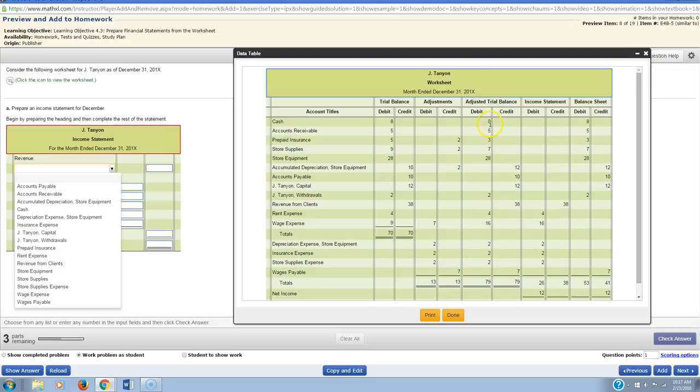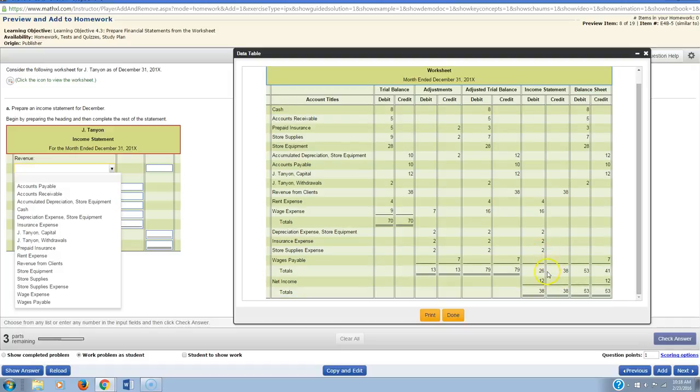Again, we're going from here to here, according to what statements the accounts will appear on. So there's your income statement items, revenue. There's your expense items, rent, wages, depreciation, insurance expense, store supplies expense, and they all are expenses. Then at the bottom we get the total of the debit and credit column.